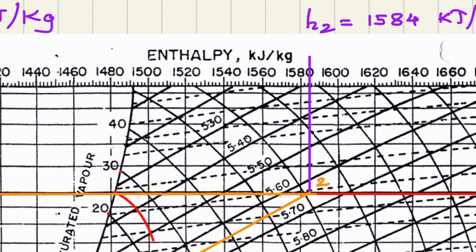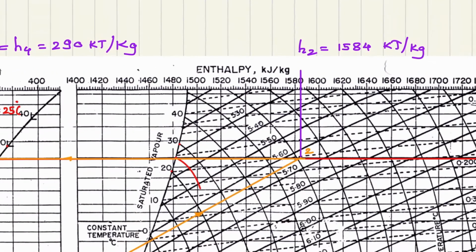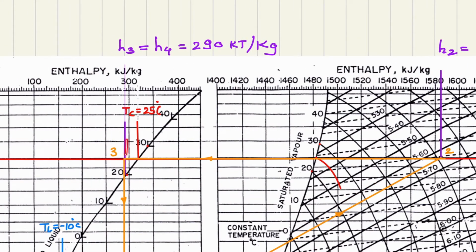So the H2 value is 1584 kilojoule per kg, and then H3 equal to H4. Here you can see this is 200, this will be 250, and this value is 290. So H3 equal to H4 is equal to 290 kilojoule per kg. 250, 260, 270, 280 and then 290.